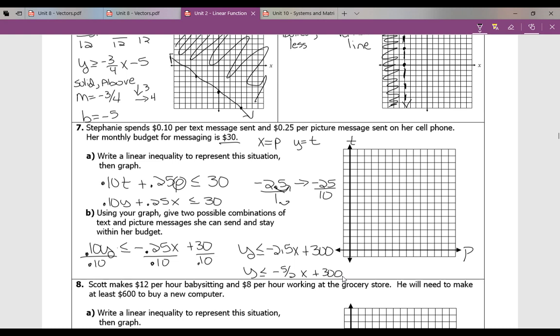All right. So I need to start, my slope is negative 5 over 2. My y-intercept is 300. So I need to start at 300. My axis does not go up to 300.